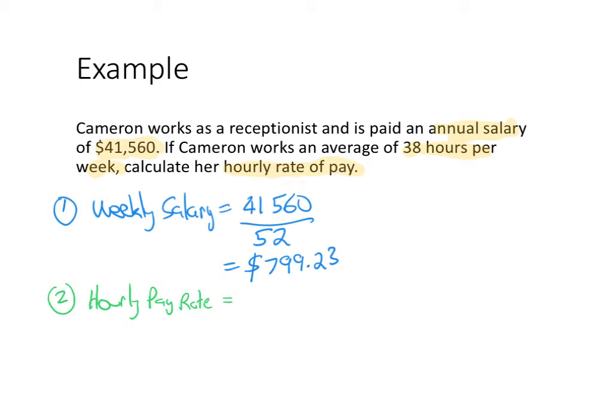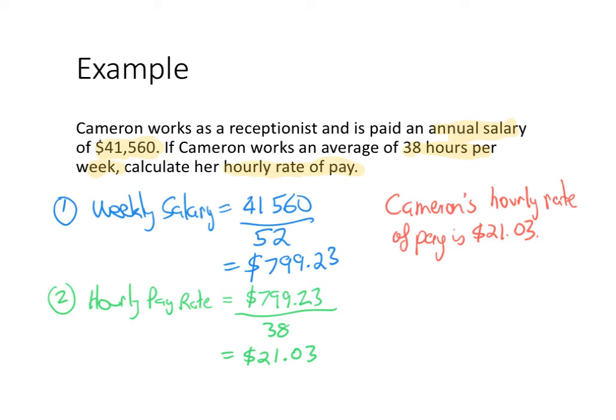And we can do that by taking his weekly amount of $799.23 and dividing it by the total number of hours that he is working, and that is 38. So his hourly rate of pay is going to be $21.03. So we should write our answer in words because it is a worded question. So Cameron's hourly rate of pay is $21.03.